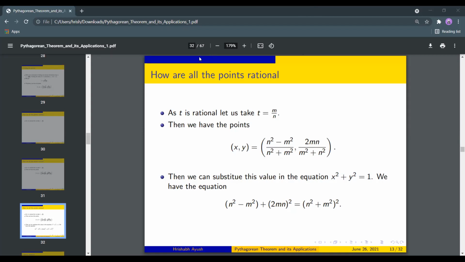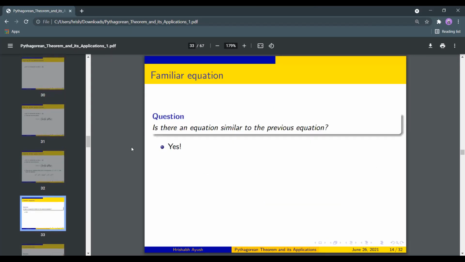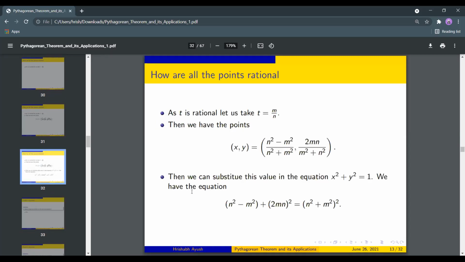Okay, let's move to the next slide. This should make sense. So, familiar equation. Our question is: is there an equation similar to the previous equation, that is this one?